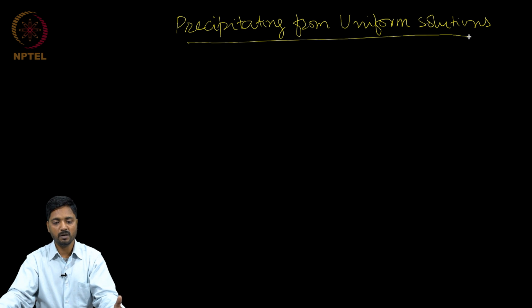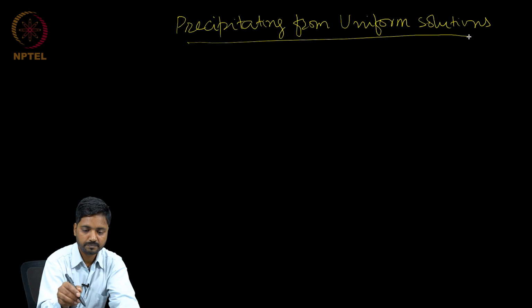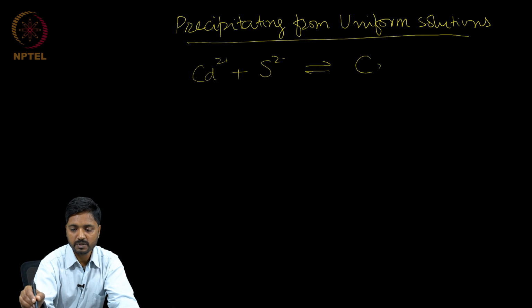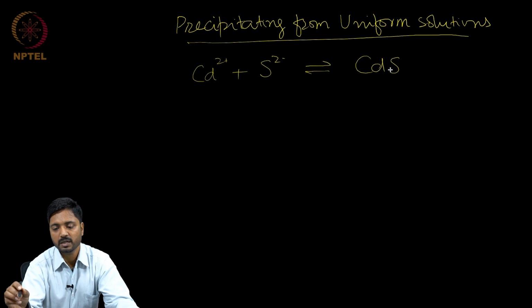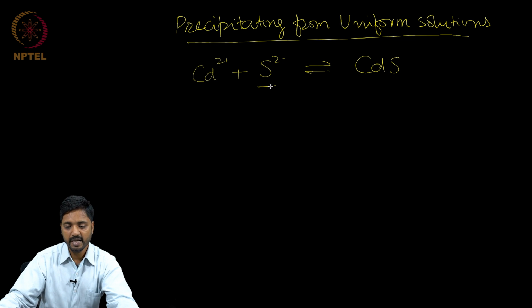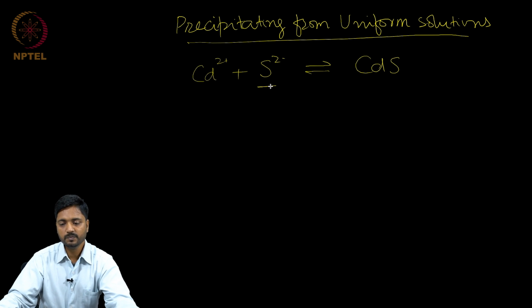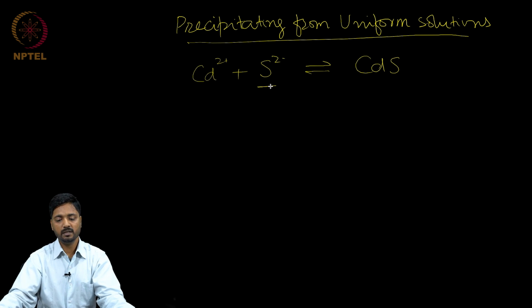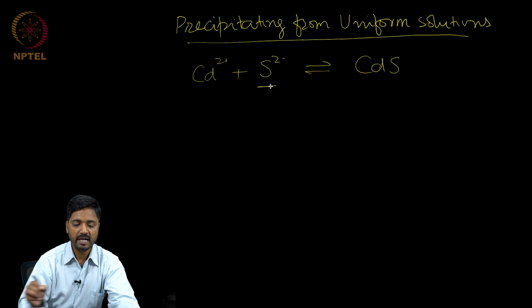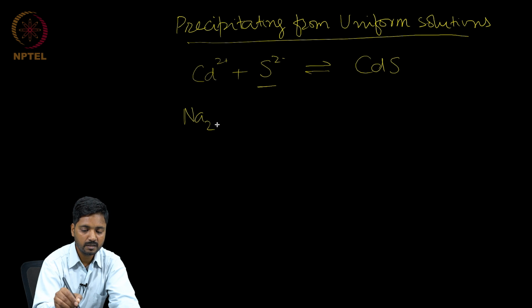So, a very simple example is when we are making particles like the reaction of cadmium with sulfide giving rise to cadmium sulfide nanoparticles. We generate the sulfide reagent in the reaction medium in a very slow manner by using a precursor to the sulphide. So, we can either use sodium sulphide, which will give very rapid precipitation.